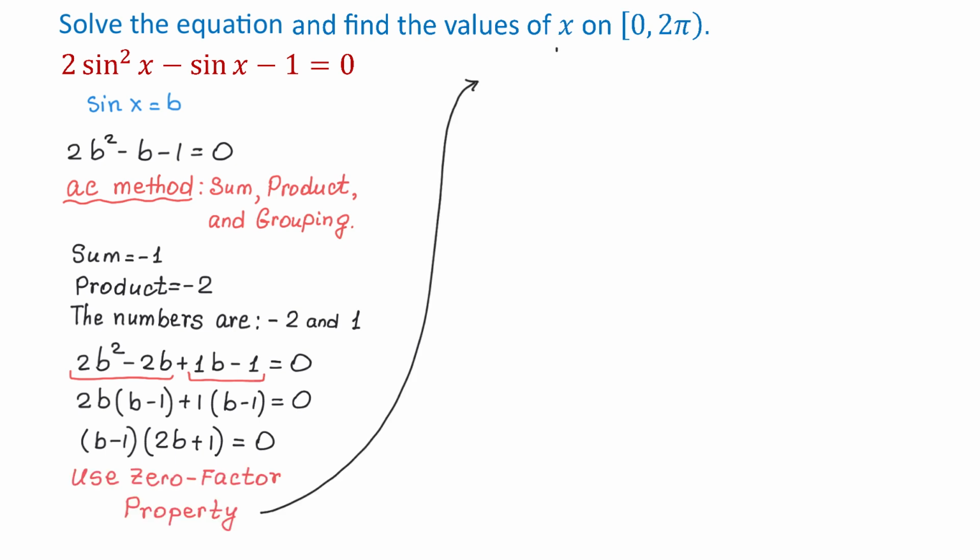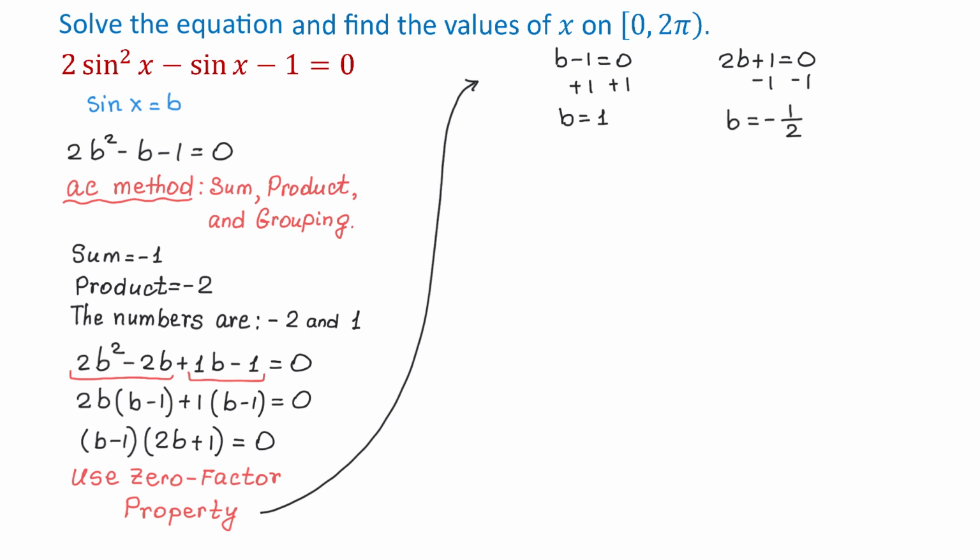And for this we will set b minus 1 equals 0, or 2b plus 1 equals 0. Then in the first equation, if we add 1 to both sides, we will have that b equals 1. And in the second equation, if we subtract 1 from both sides and we divide both sides by 2, we will get that b equals -1/2.